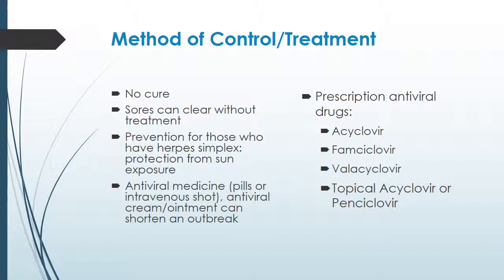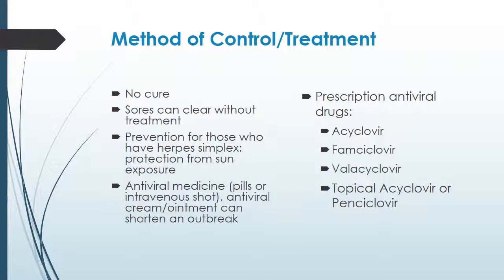There is currently no cure for the viral disease. Sometimes the sores can heal without treatment. It's also very important for those with the herpes simplex virus to protect themselves from sun exposure, as it can trigger the disease from recurring. There are different antiviral medications available for use in oral, intravenous, and cream and ointment form.